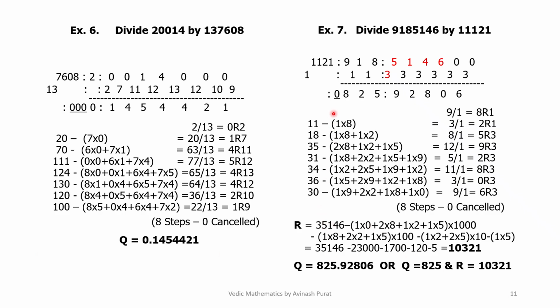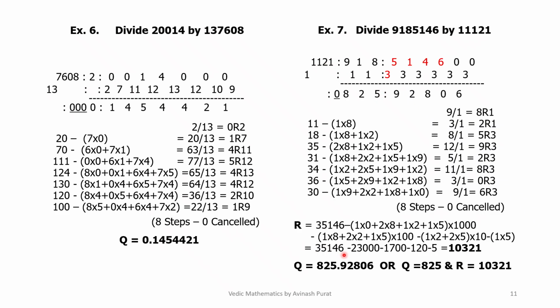So minus 1 into 8 plus 2 into 2 plus 1 into 5, multiplied by 100, minus 1 into 2 plus 2 into 5, multiplied by 10, plus 1 into, minus 1 into 5.